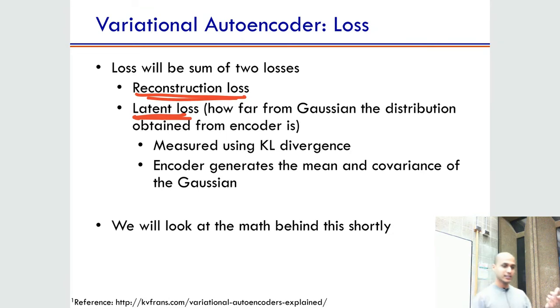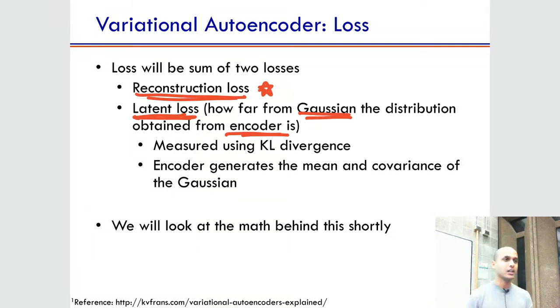Here there's the usual reconstruction loss, but there's also something called a latent loss, just a name for that second term. So there are 2 terms in the loss, and this scoring function is going to capture how far from the Gaussian distribution the distribution of Z is.